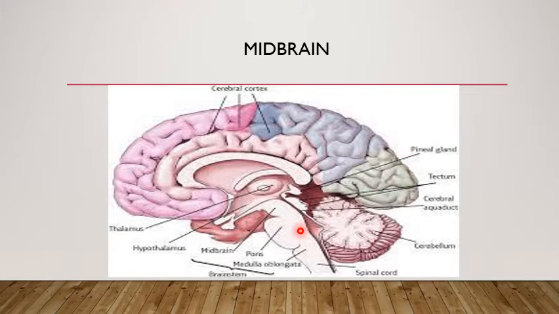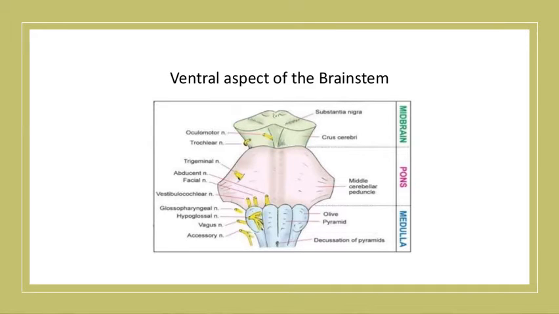So here, to make it more clear, you can see cerebral aqueduct has been marked, and you can see how the cerebral aqueduct is connected to the fourth ventricle and here the third ventricle. Now, to understand further about the midbrain, let us see the midbrain in various views.